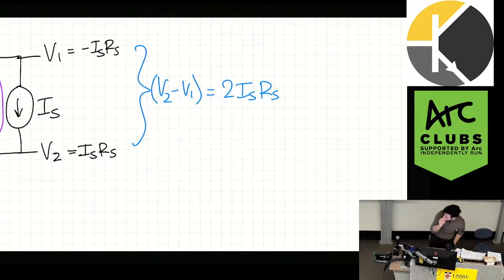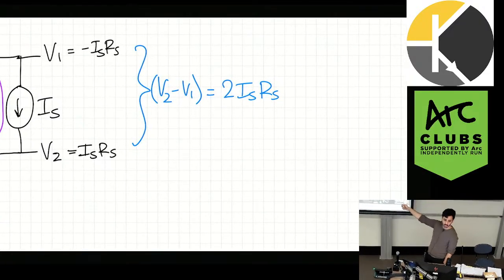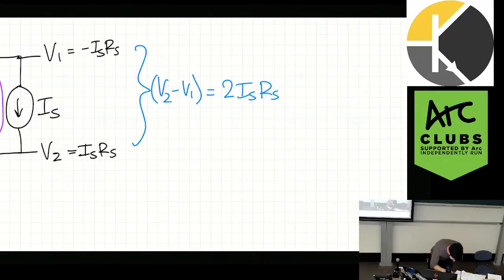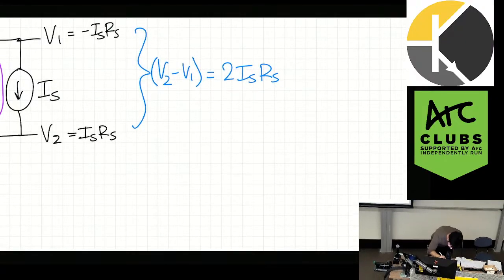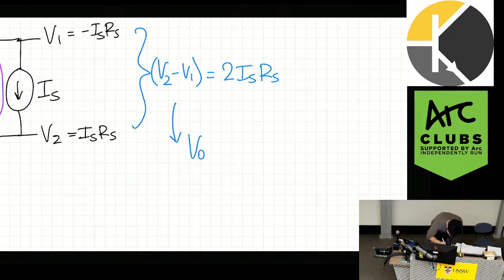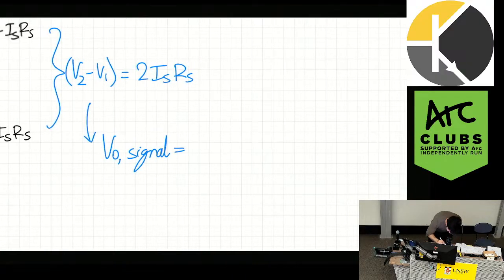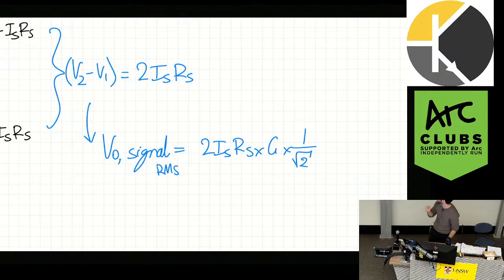And then we know what the gain is once we have an input signal to an instrumentation amplifier. So then we can say V out signal RMS is equal to 2IS RS times G times 1 on root 2, like that.